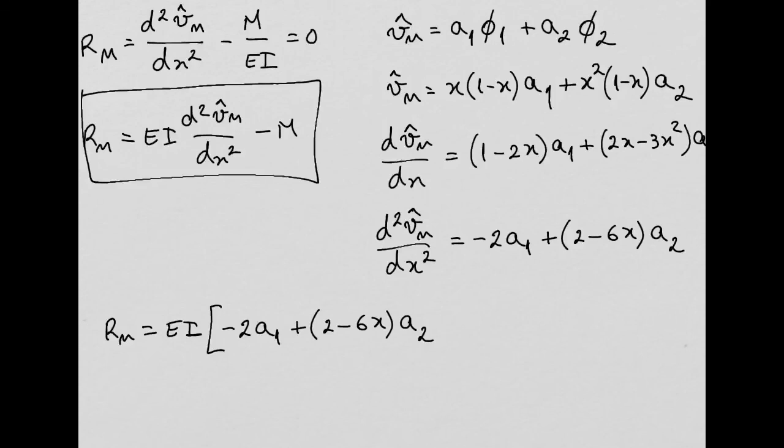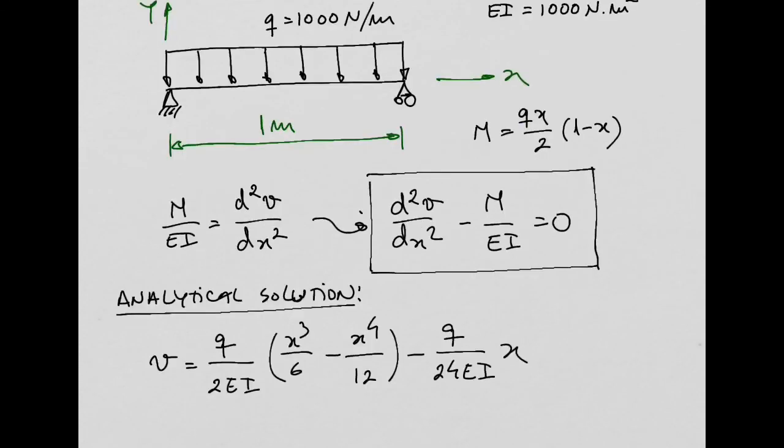This is my second derivative, minus M, but my M was given here, right? So my M is qx over 2 times (1 minus x).